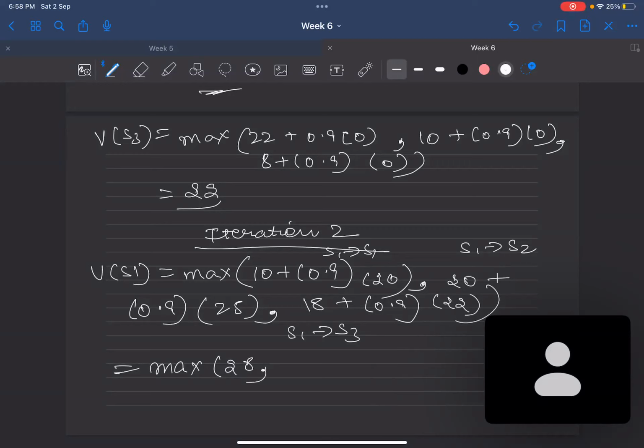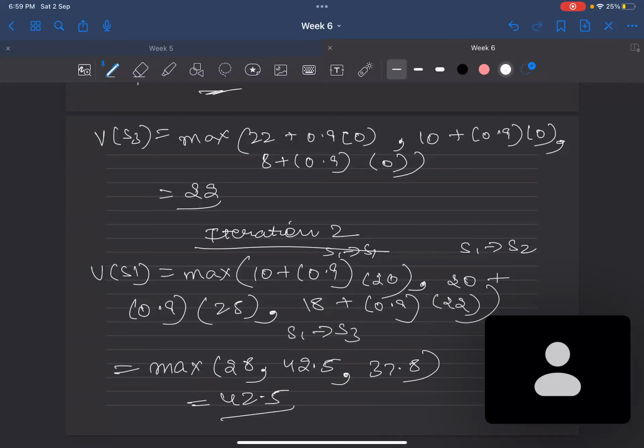25. 28. 22 into 0.9 is 19.8. 19.8 plus 18 is 37.8.